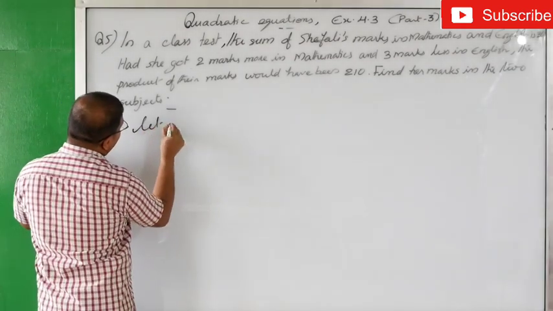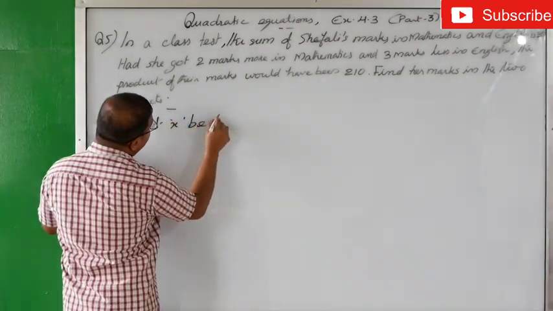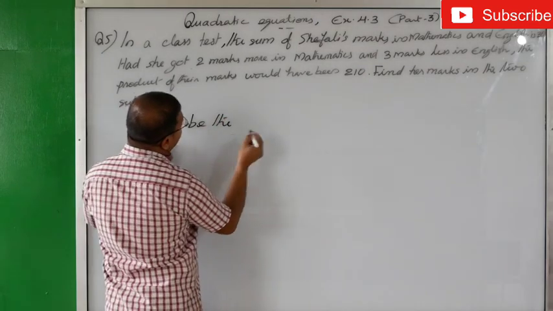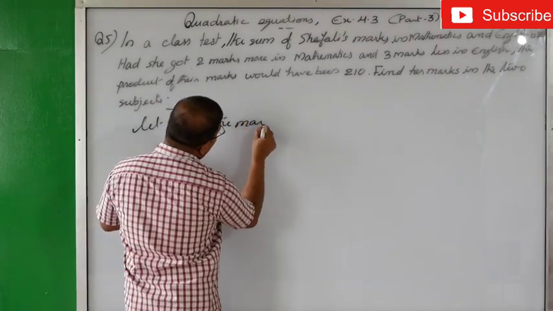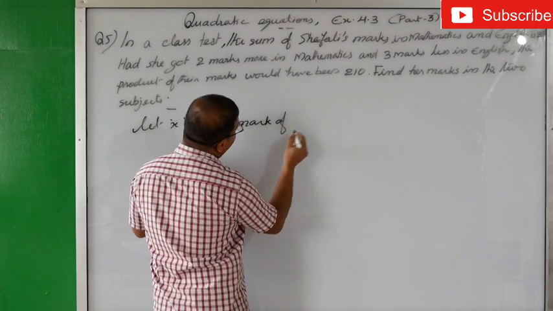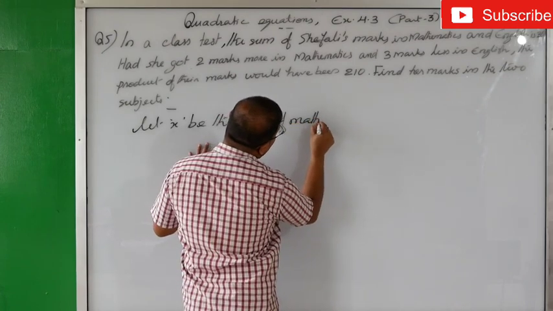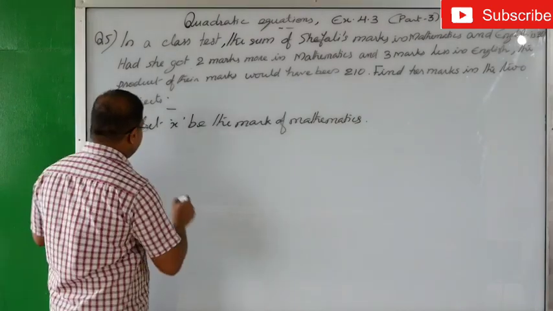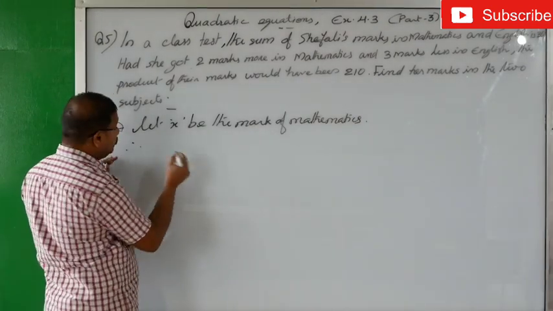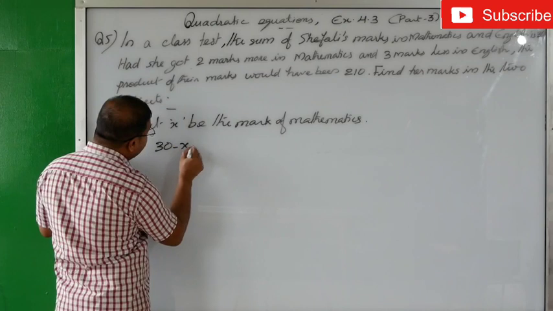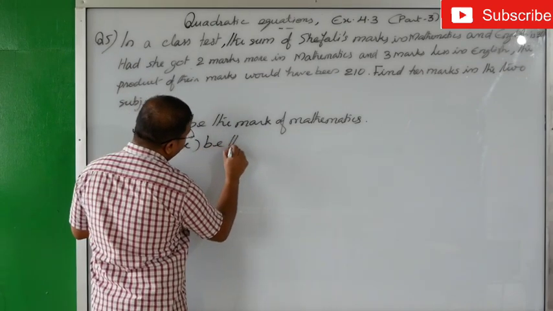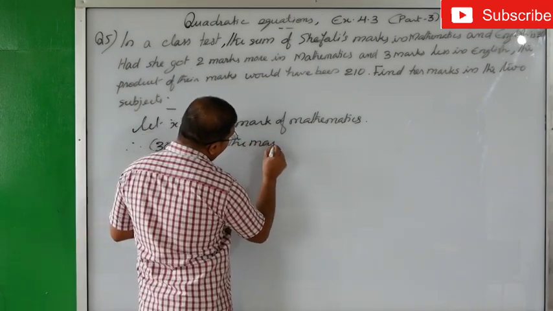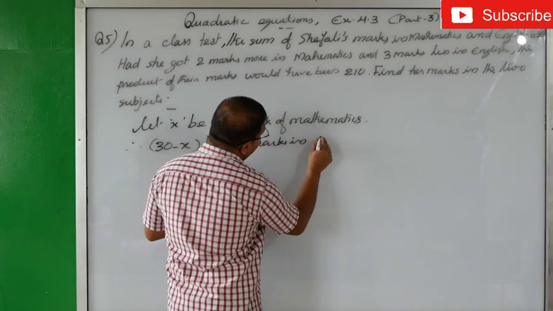Let x be the mark of mathematics. Therefore, 30 minus x be the marks in English.